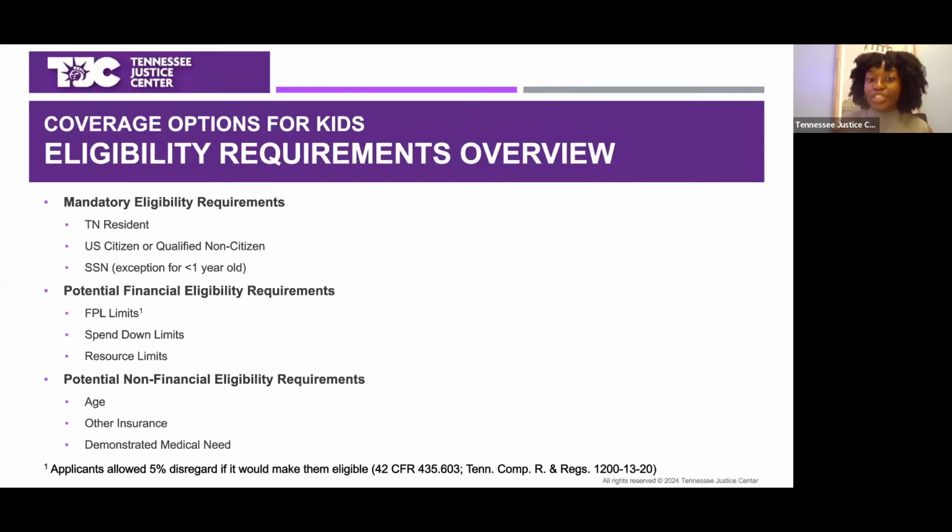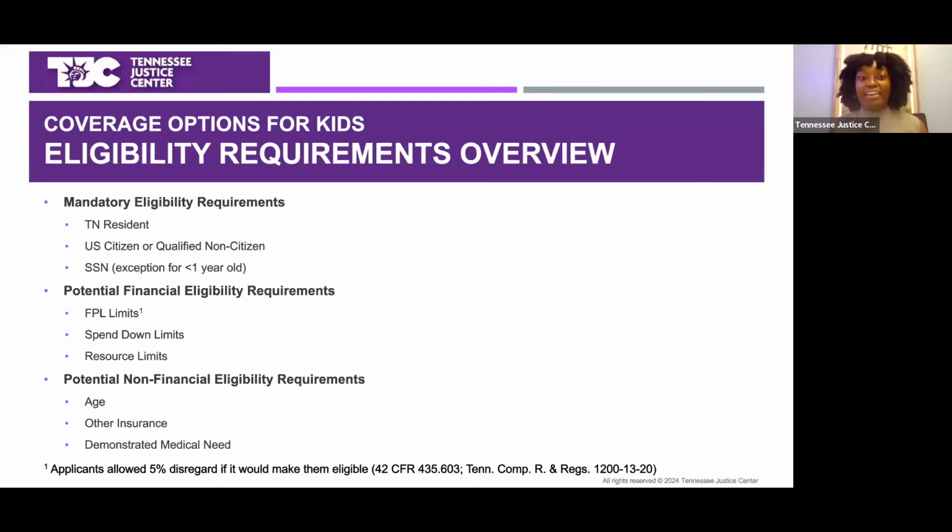As for financial and non-financial requirements, this slide displays examples of requirements that might apply to different categories of eligibility, but not every category will have each of those requirements. So not every category has poverty limits or spend down limits or resource limits. Finally, I want to note that with the federal poverty limits, there is a 5% disregard that will be applied if it would make an applicant eligible for that category.